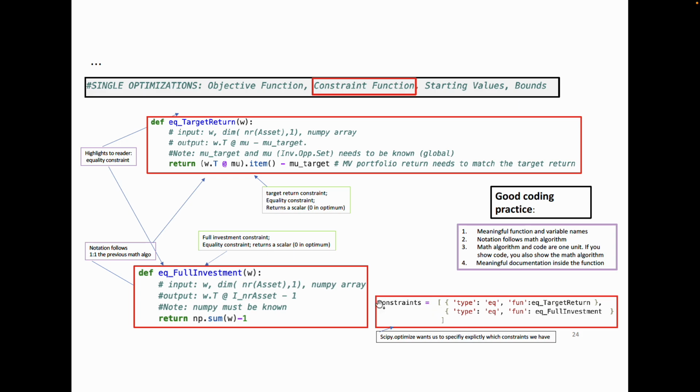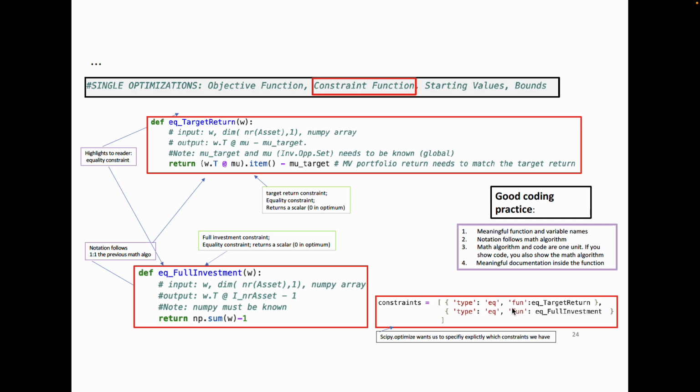Good. So therefore, I'm defining here an object which I call constraints. And I use the notation that the SciPy package wants. SciPy package wants, this is the language here of the package, in quotes type, then colon, then I can decide it's an equality or an inequality constraint. Here we work with an equality constraint.